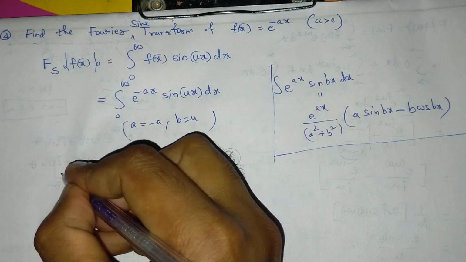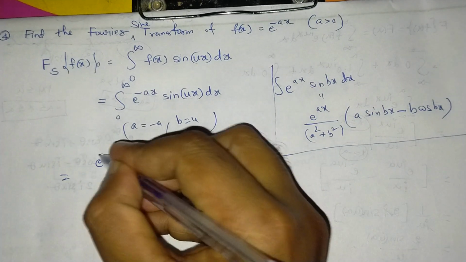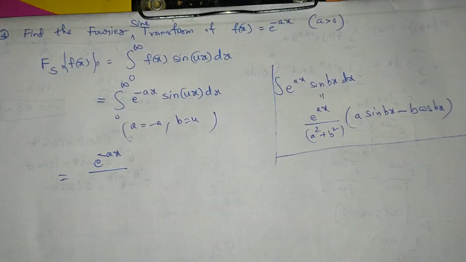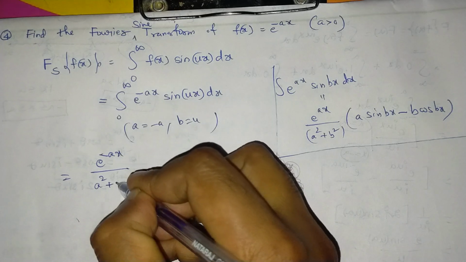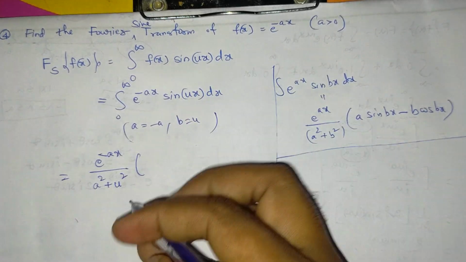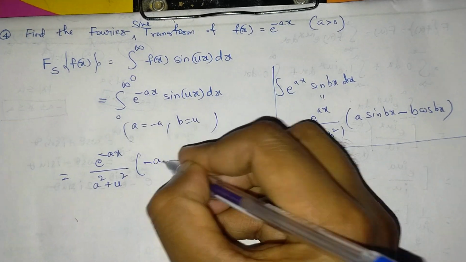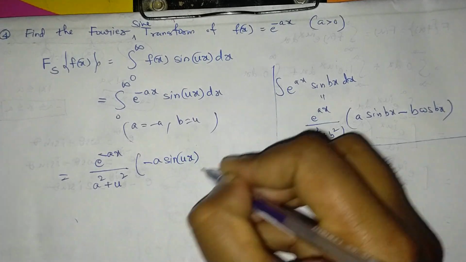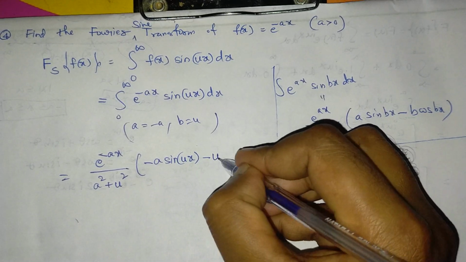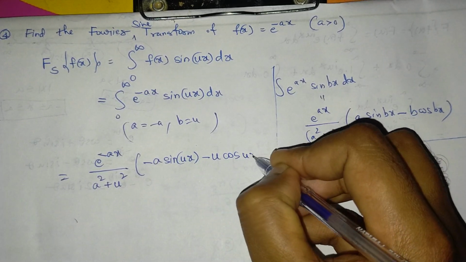We get e power minus ax divided by a square plus u square, into minus a sin ux minus u cos ux.